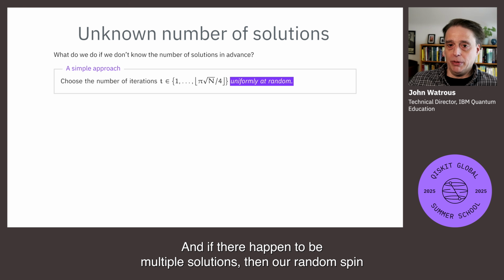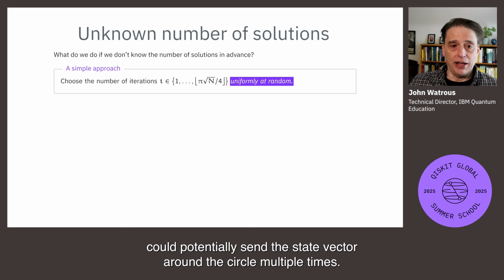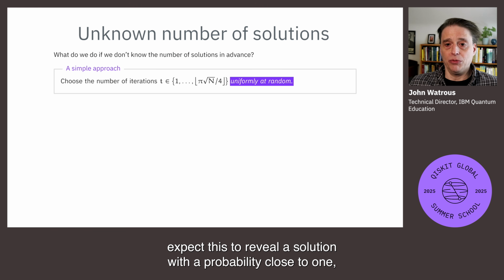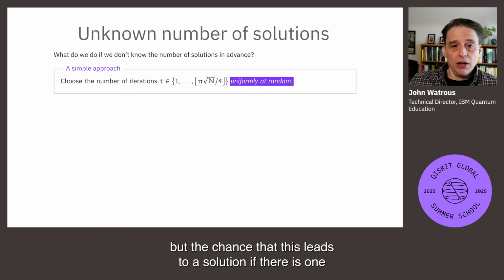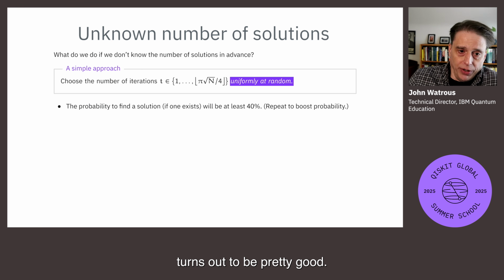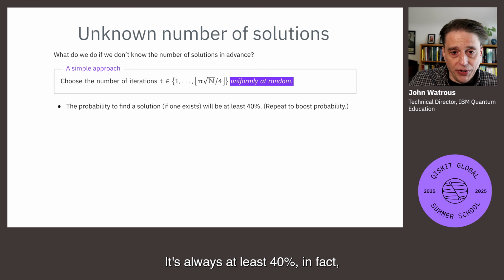And if there happen to be multiple solutions, then our random spin could potentially send the state vector around the circle multiple times. So we don't expect this to reveal a solution with a probability close to 1, but the chance that this leads to a solution, if there is one, turns out to be pretty good. It's always at least 40% in fact.